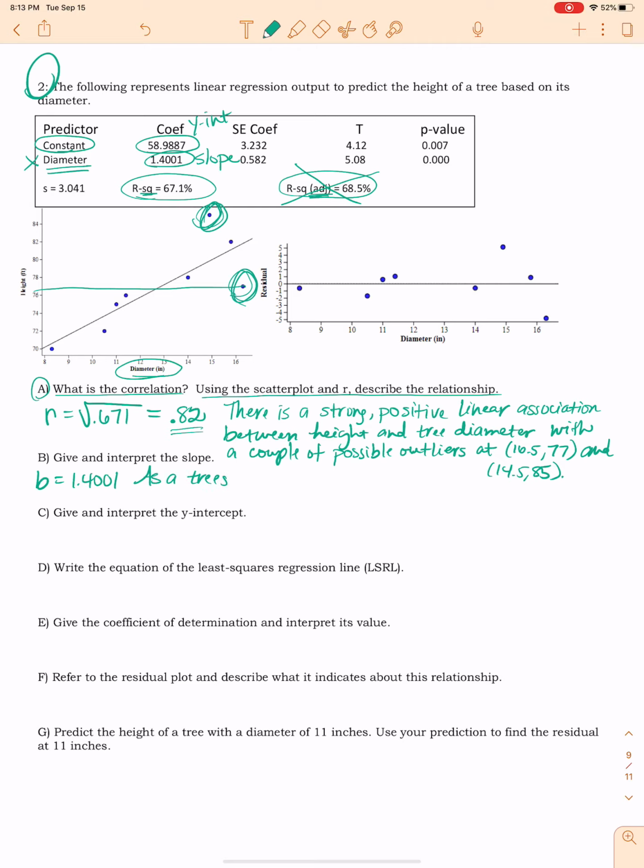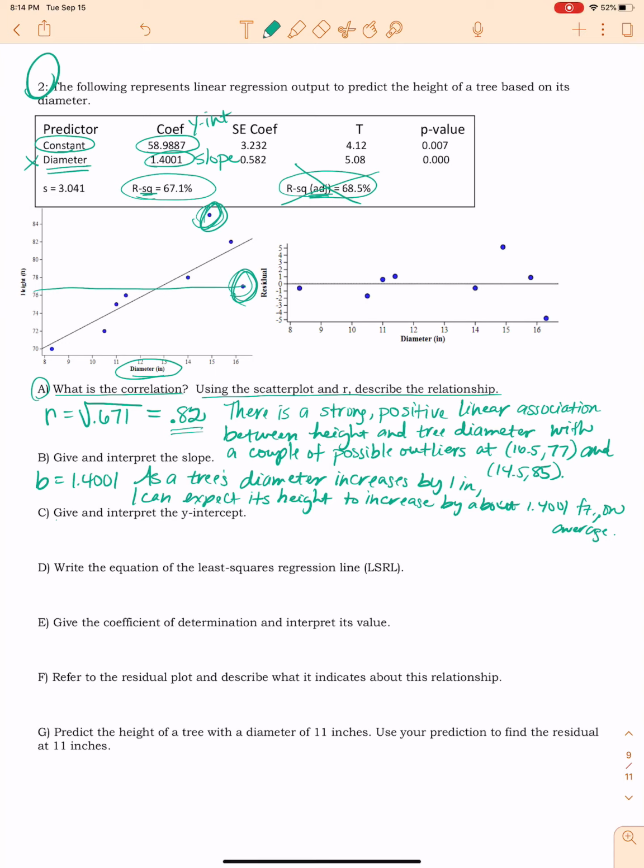As a tree's diameter increases by 1 inch, I can expect its height to increase by about 1.4001 feet on average. Yay!